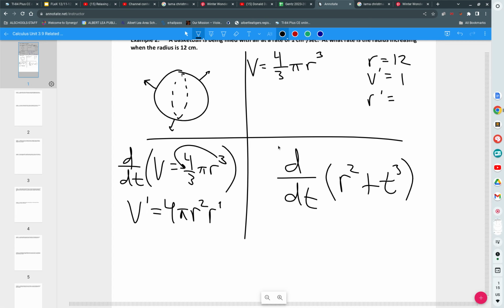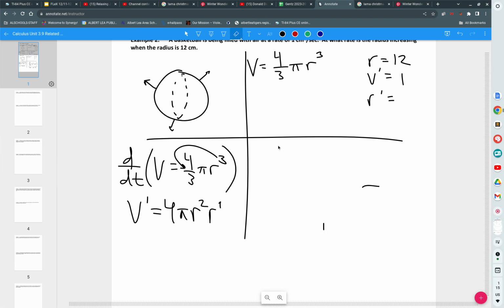The derivative of r squared would be 2r r prime because it doesn't match. But I have time, so that derivative is just 3t squared. So you will never have a situation here where you have the variable t. So you will always attach an r prime, an a prime, a v prime, anything of that nature, okay?